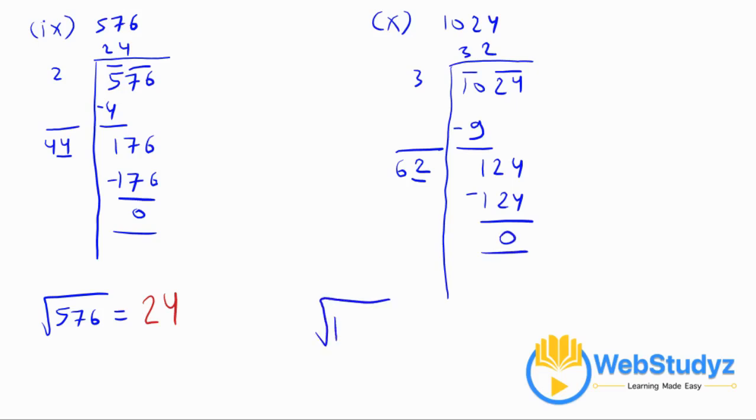Taking the under root of 1024, we will get the value as 32. Now move on to the 11th, which is 3136.